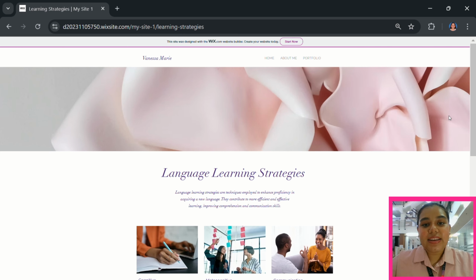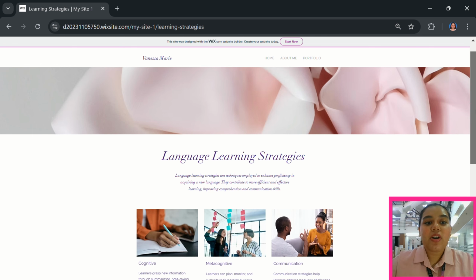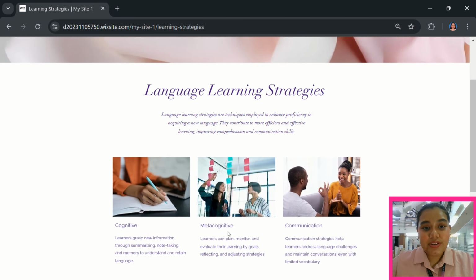Now, let's break down the key language learning strategies. These are the techniques learners use to enhance their language skills, helping them become more effective, independent, and efficient learners. The first strategy is cognitive strategy, which focuses on mental processes for understanding language concepts. Next is metacognitive strategy, which involves planning, setting goals, and organizing learning sessions.